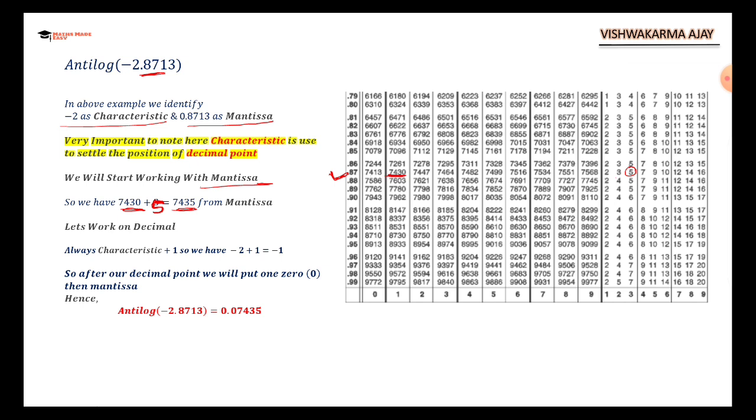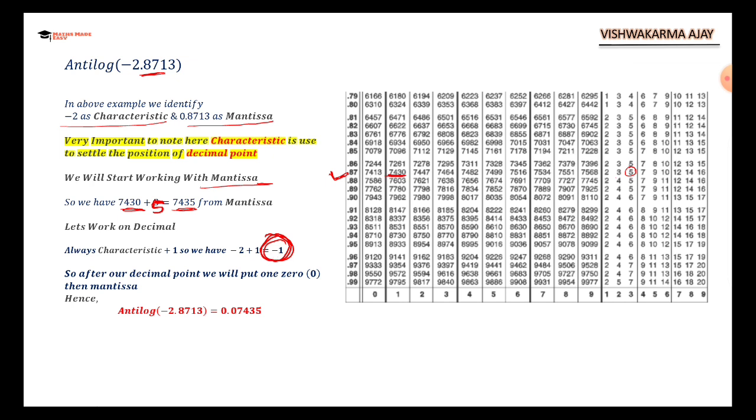Now how about the decimal? Since we have a negative number as the characteristic, our formula is the same, characteristic plus 1. That is minus 2 plus 1 is minus 1. So we get minus 1 as the deciding factor. Okay, where to put the decimal? In case of a negative number, you will always be putting it before 0.